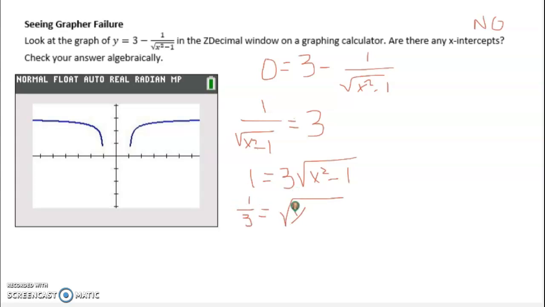And now that the only thing on the right side is that radical, I can square both sides. When I do that, 1/3 squared is 1/9, and on this side, I just have x squared minus 1. I'm going to add my 1 over, which, because I don't want to have to deal with a mixed number, will give me that improper fraction of 10/9 equals x squared.